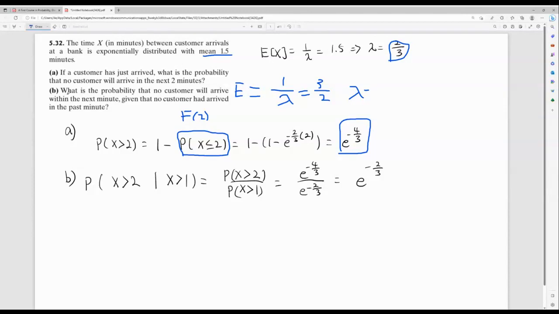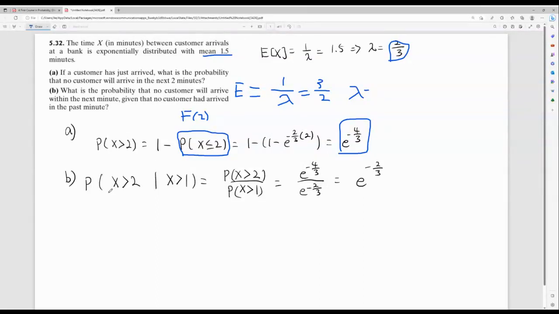For part B: what is the probability that no customer will arrive within the next minute, given that no customer had arrived in the past minute? Given that the first minute has nobody coming, we calculate the probability that no customer comes in the next minute.